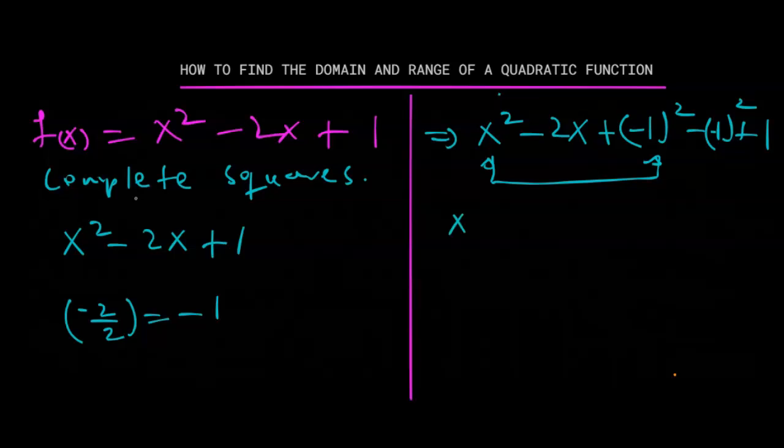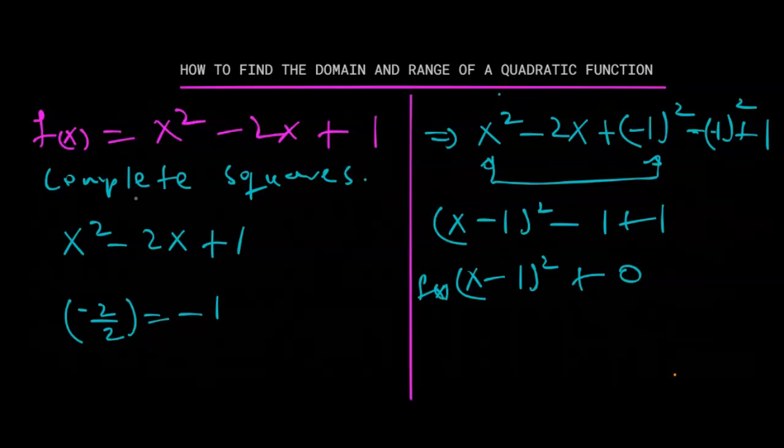So I have x minus 1 squared. Then here, remember we have minus 1 squared is 1 plus 1. Now this gives us x minus 1 squared plus 0. That is f of x is equal to that.